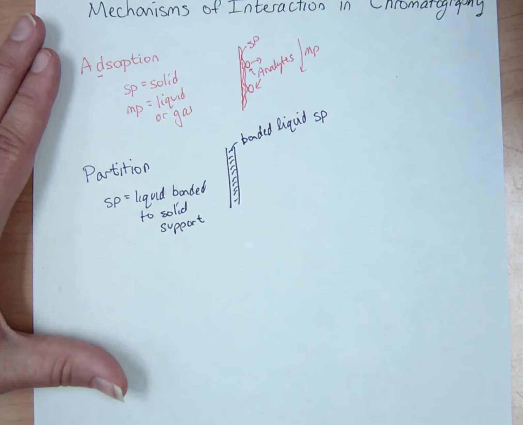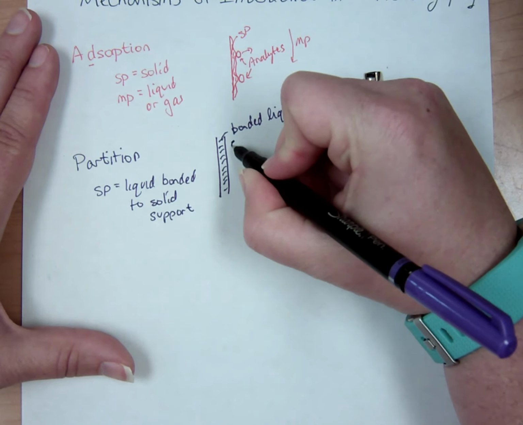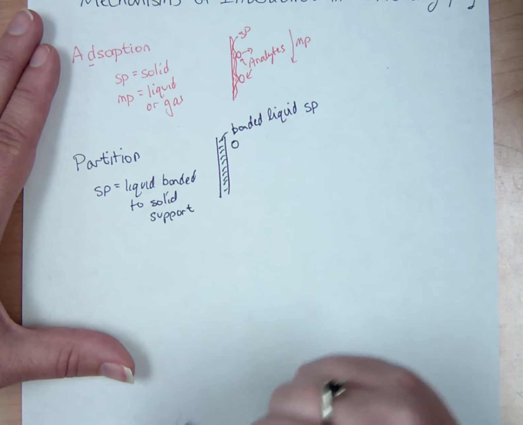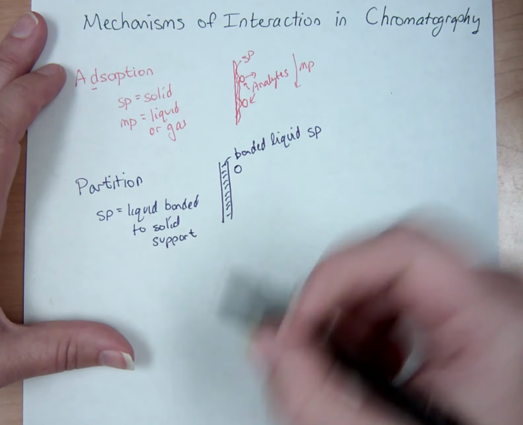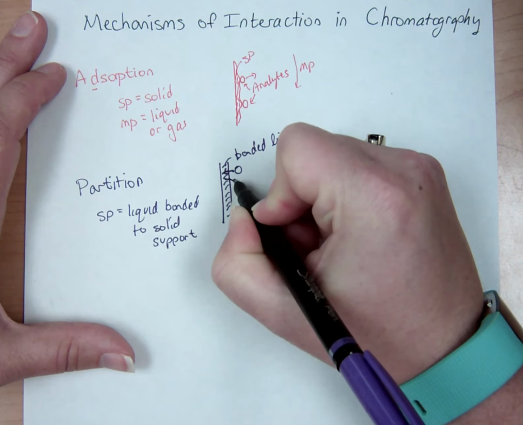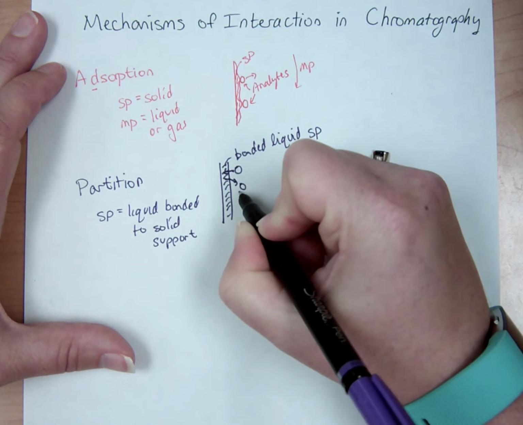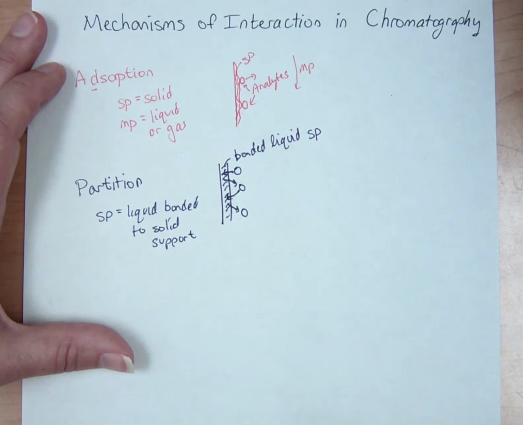And so what happens in partition chromatography is that as my analyte comes down and interacts with this liquid, it's not just adhering to the surface like it did in adsorption, but it actually can diffuse in and then diffuse back out and keep moving. And then it can diffuse in and diffuse out and keep moving. Okay?